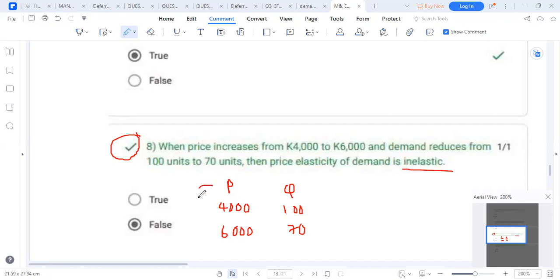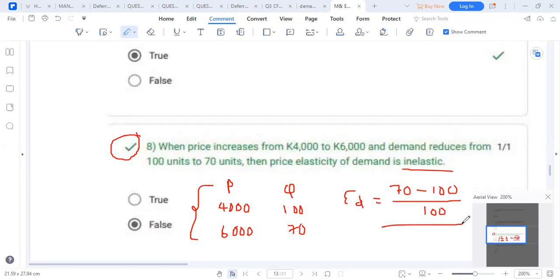Who wants to lead us through the formula? Elasticity of demand is what? Change in Q over change in P. What is the change in Q? 30. So 30 over 100, right?